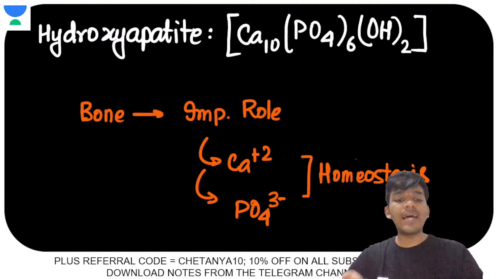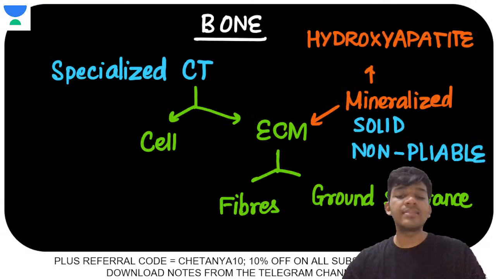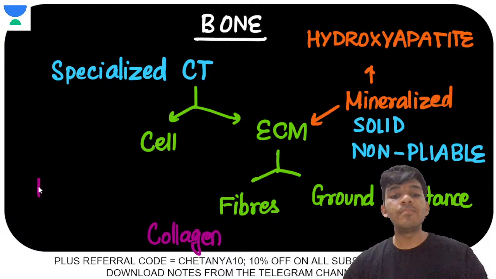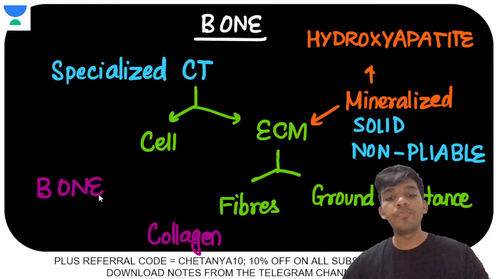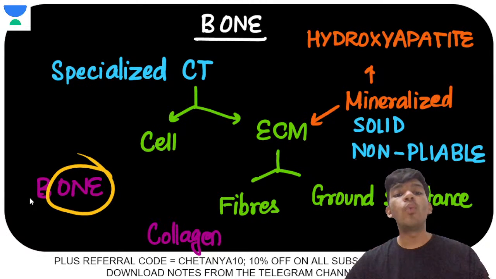Now, what was the type of collagen in bone? Does anybody remember? When we talk about fibers, always remember that here you have collagen fiber. What is the type of collagen fiber in bone? So you write bone, B-O-N-E. It has type 1 collagen fibers.